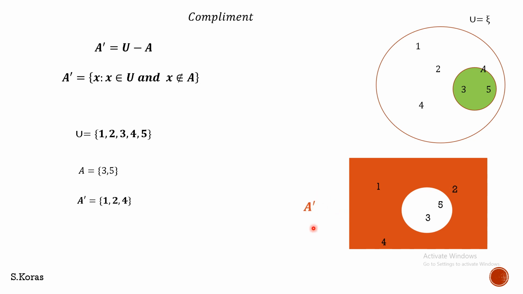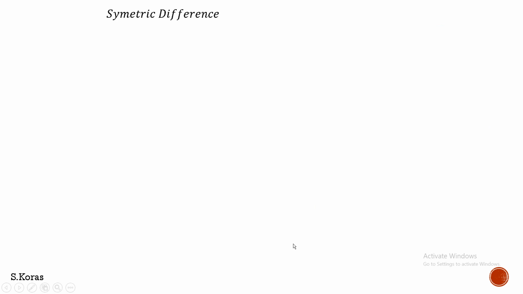Now let us learn what you mean by symmetric difference. Symmetric difference is defined as A delta B is equal to A difference B union B difference A. Right. Now let us see an example.